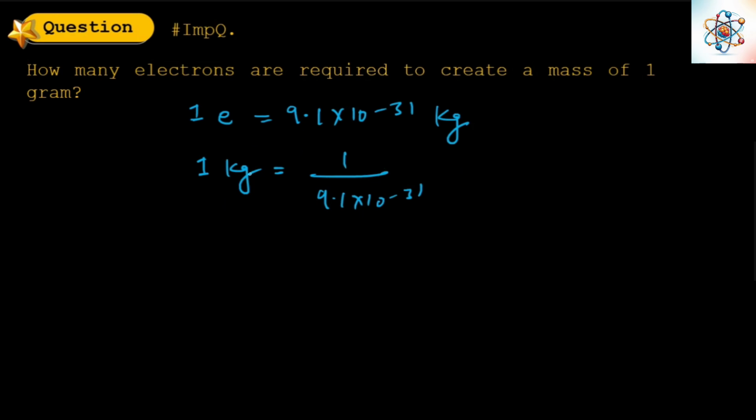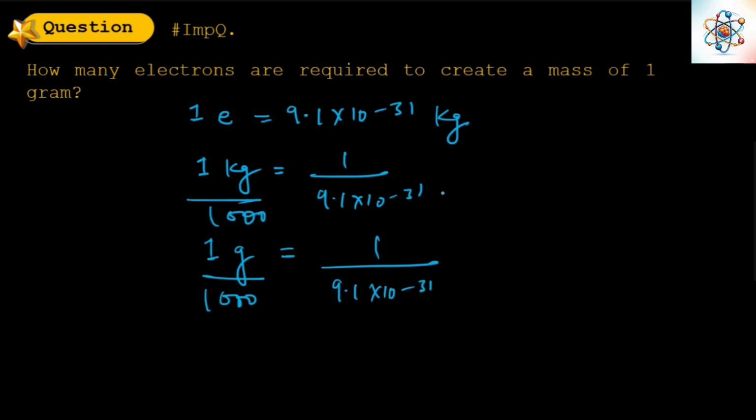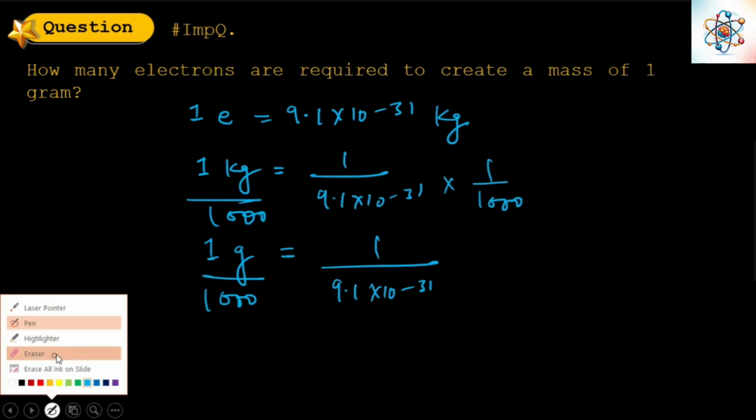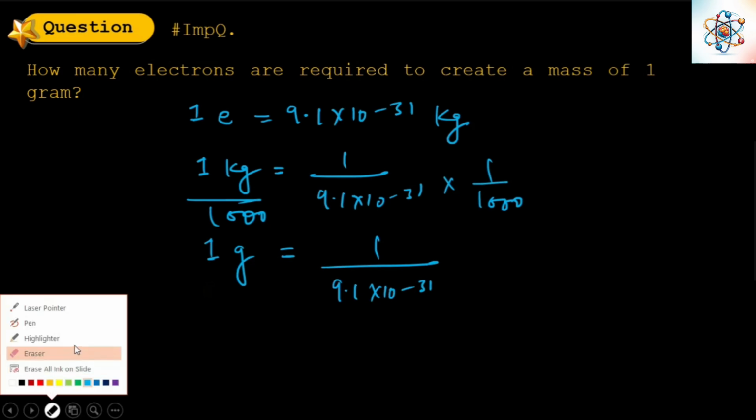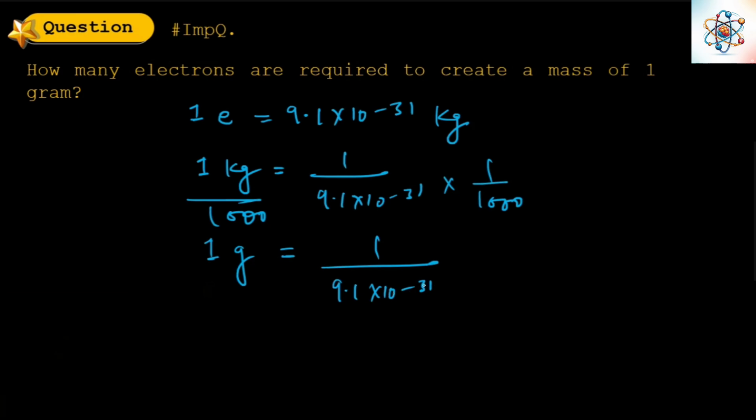We have to first make it grams. So to find 1 gram, we simply divide the whole equation by 1000, and it becomes 10 to the power minus 28.